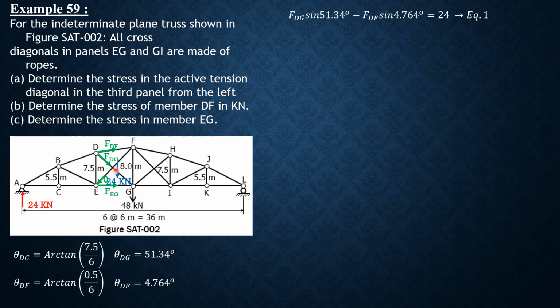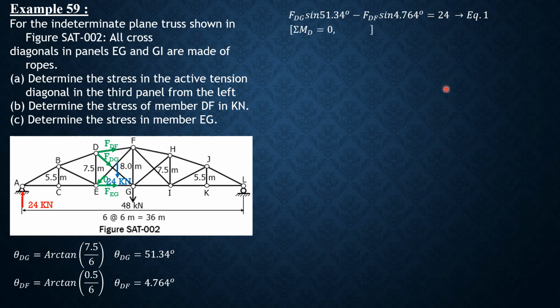That is the vertical component of FDG, which is going down, supposedly equated to 24 when DF is horizontal. But because DF also has a vertical component and we assume it is upward, we have to subtract it from the vertical component of FDG, which is downward, and the net result should be equated to 24.